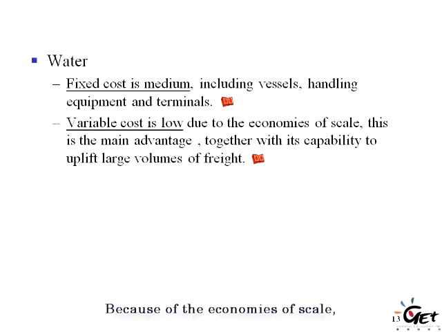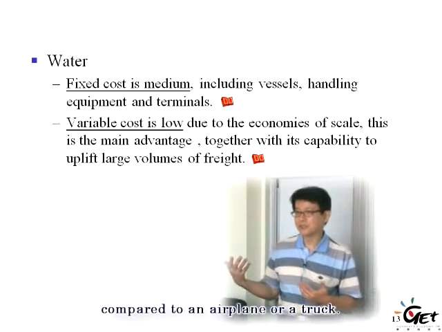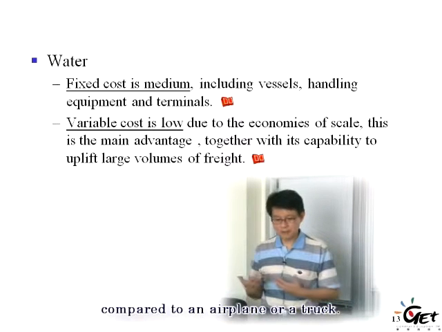This is because of the economies of scale. A ship or a container can carry a quite large amount of cargo or freight compared to an airplane or a truck.